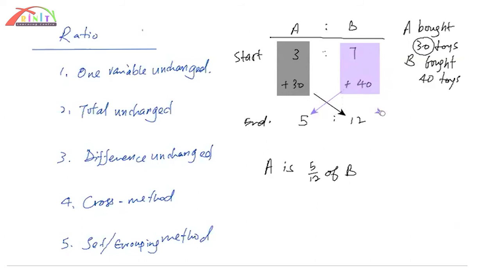Keep in mind that these are considered units. These are not units. In this case, these are toys. So in the next step, you will take 3 units times 12, 30 toys times 12, 7 units times 5, 40 toys times 5.